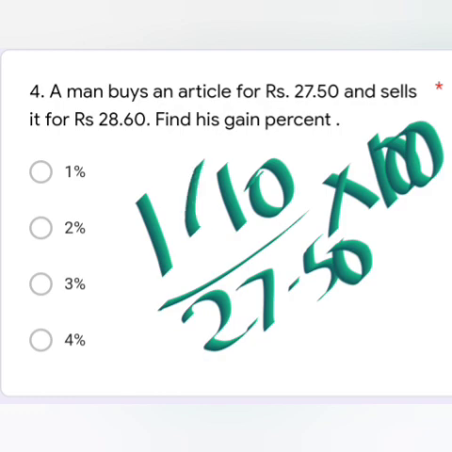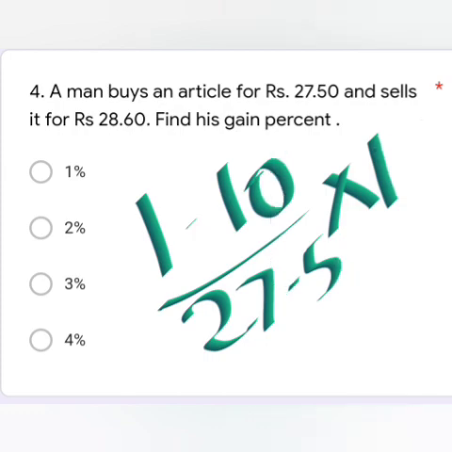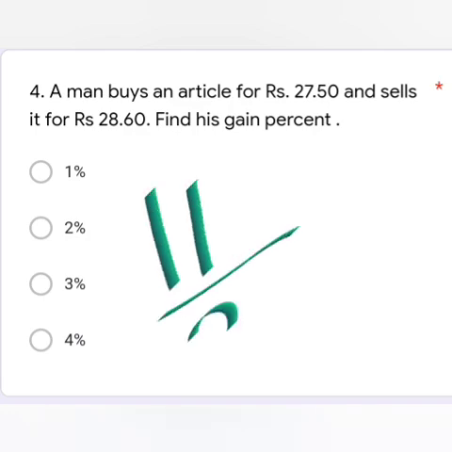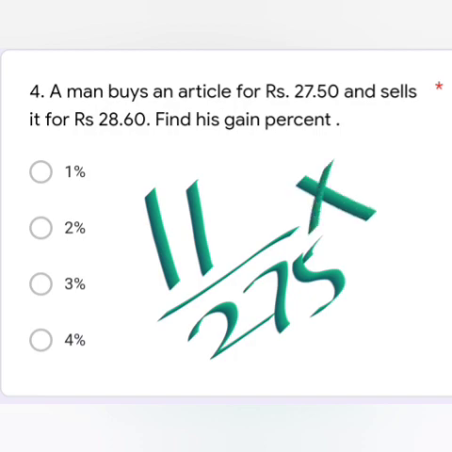So you can remove this decimal. So see 0, 0 cancel. Now see it is 11 by 275, isn't it? 11 by 275 into 100. Okay, that I'll show it again. That's why for easy, 11 by 275 into 100.